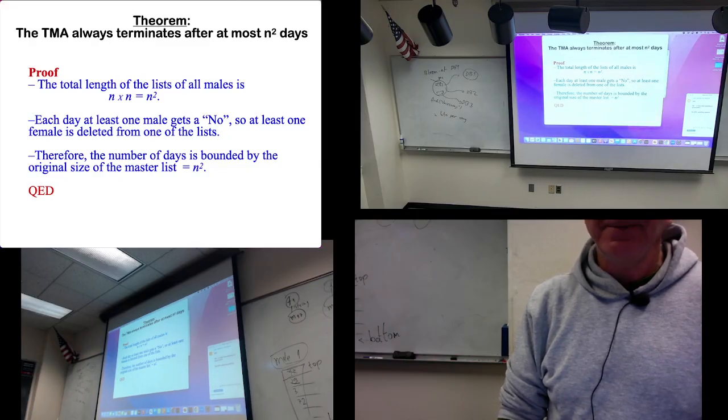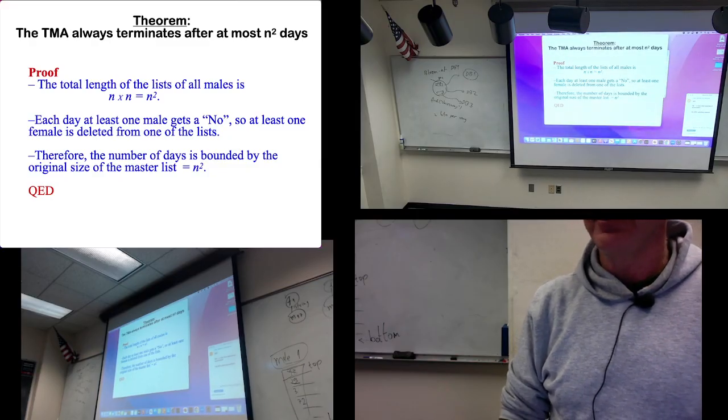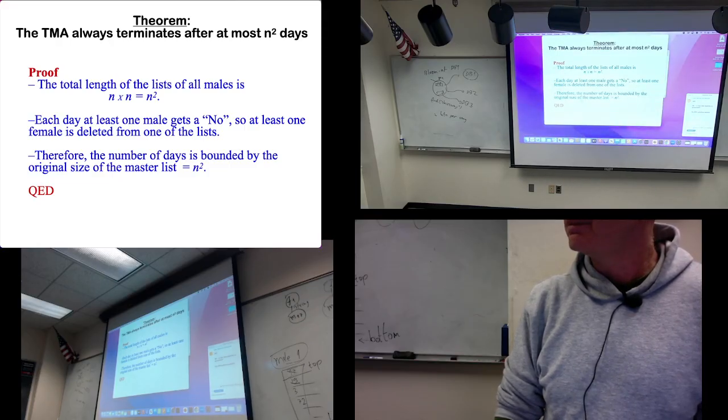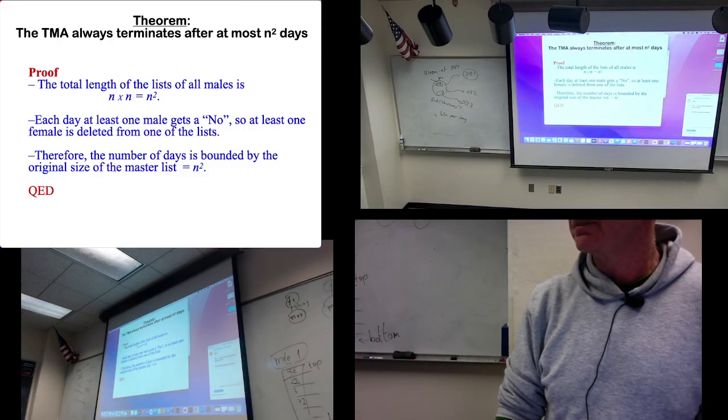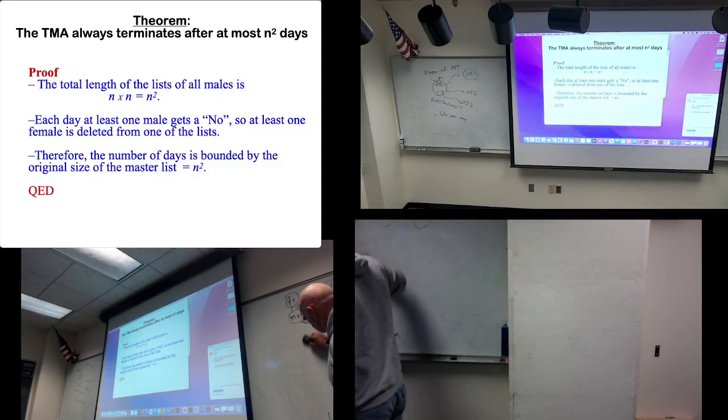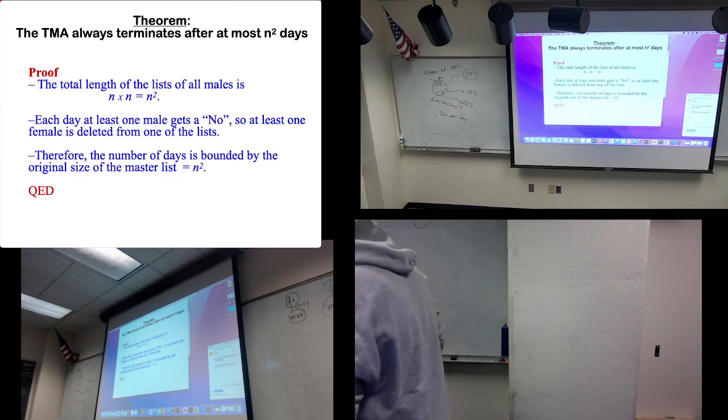Among the people that this algorithm is new to, why will it produce a stable marriage? Why don't we have a rogue couple? So let's remind everybody what a rogue couple is.